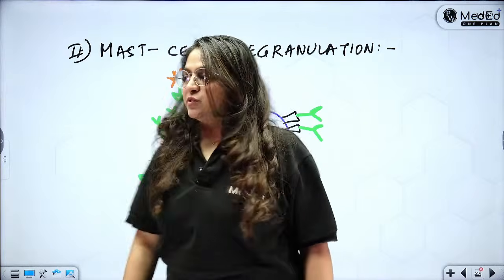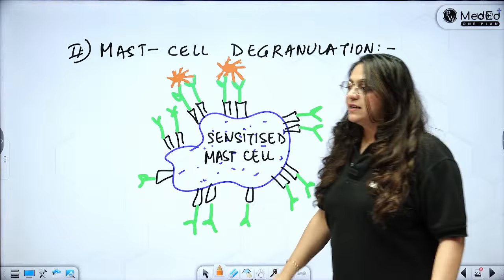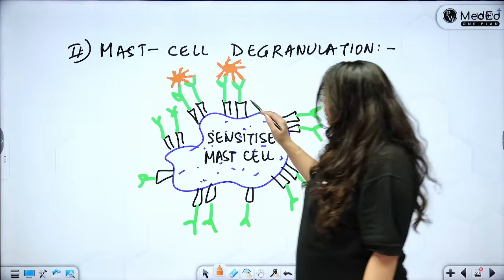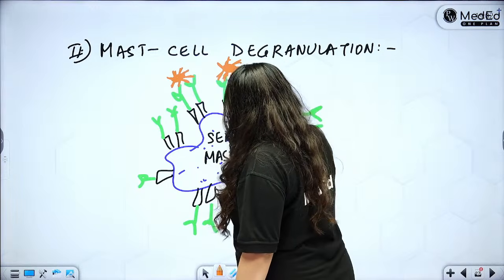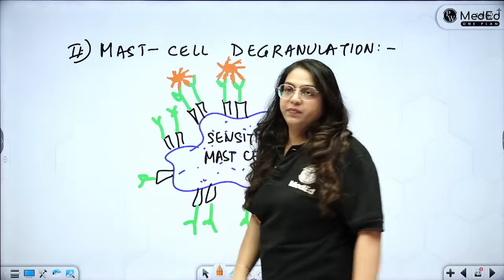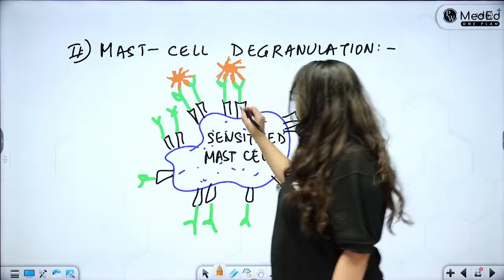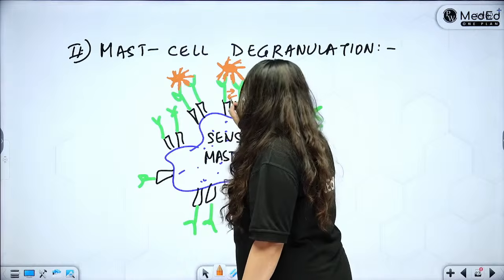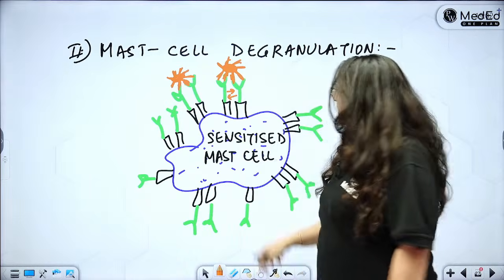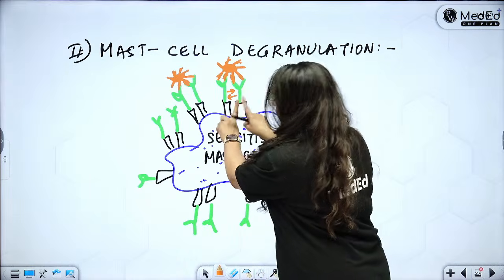Head butting happens. What is that called? That is called bringing the two antibodies together. So see how it is binding to both the corners. It has brought these two IgEs next to each other. As a result, these receptors have come closer.